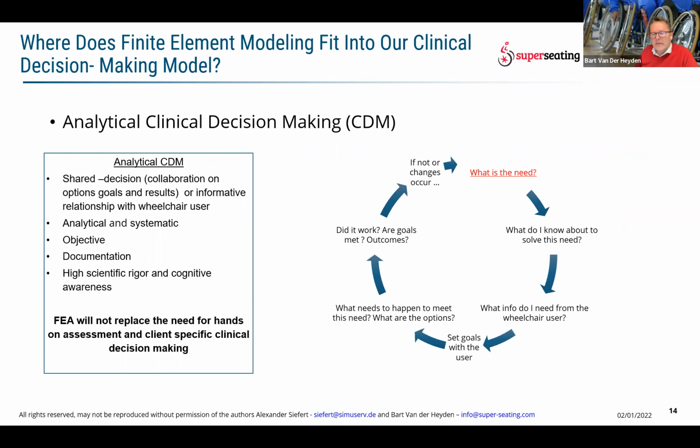What is causing it? And also, what are the consequences of sliding? And we will discuss this with the seat to back support angles and the seat angles itself. Then you have a more informed decision for a client, but you still need to investigate the individual needs and the individual possibilities. And that's what we call a seating assessment.